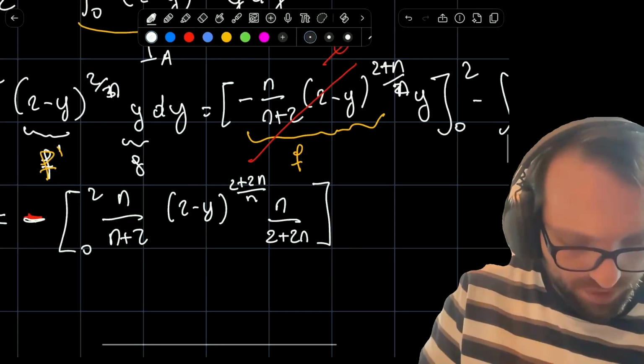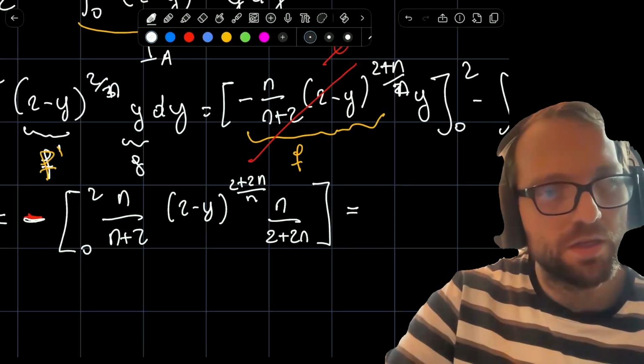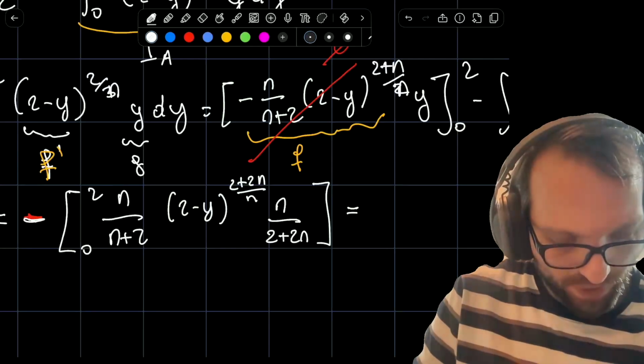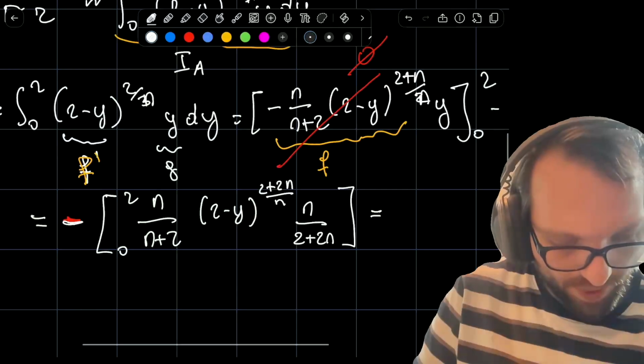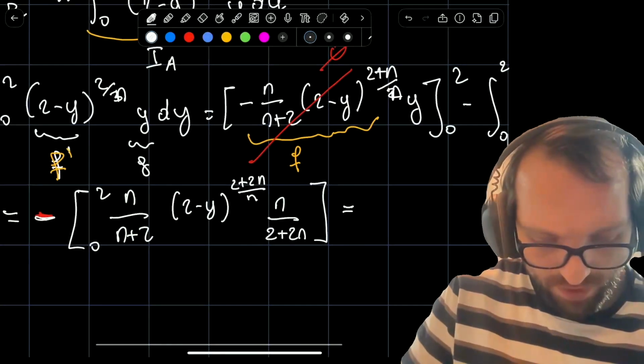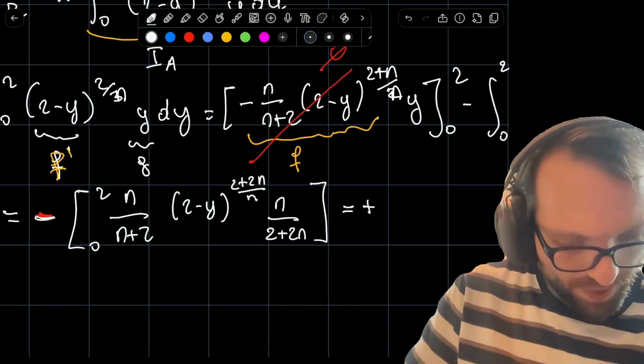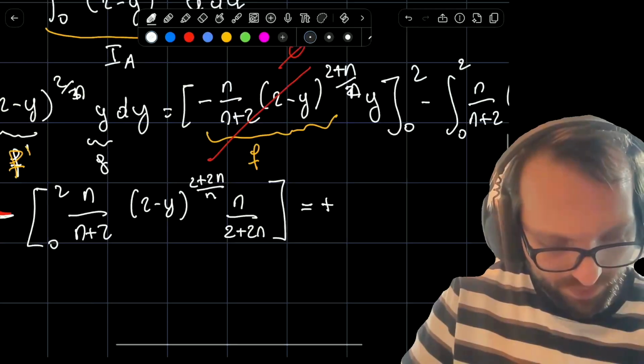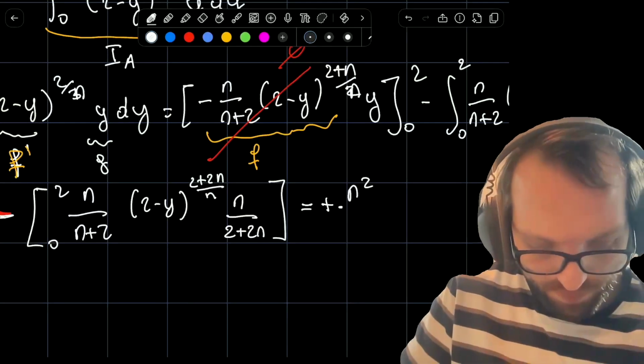When y is equal to r, this is 0, and when y is 0, this becomes this expression here.